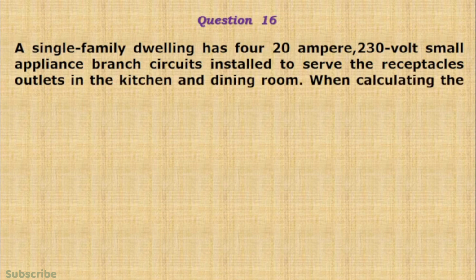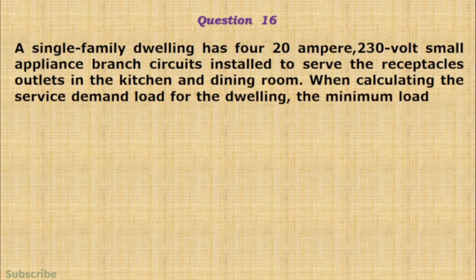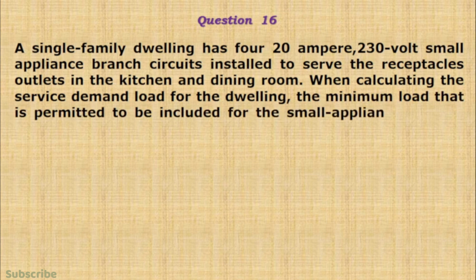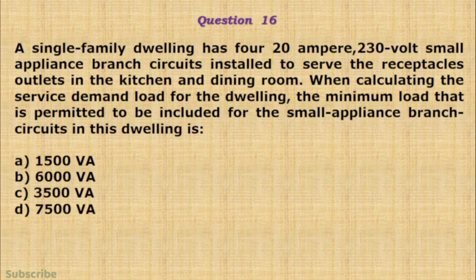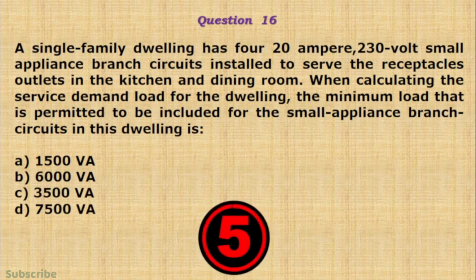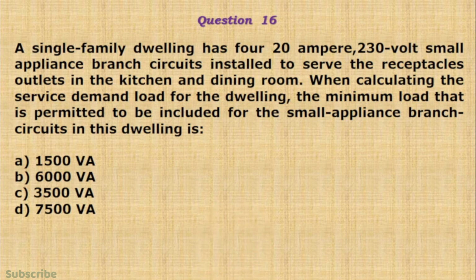When calculating the service demand load for the dwelling, the minimum load that is permitted to be included for the small appliance branch circuits in this dwelling is A. 1500 volt ampere, B. 6000 volt ampere, C. 3500 volt ampere, D. 7500 volt ampere. The correct answer is letter B. 6000 volt ampere.